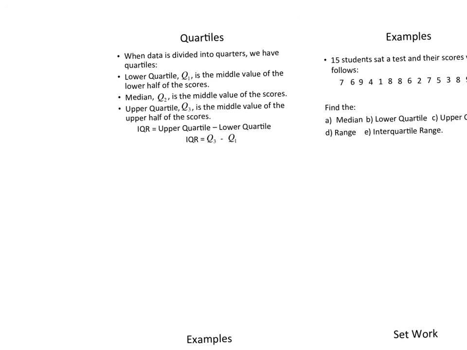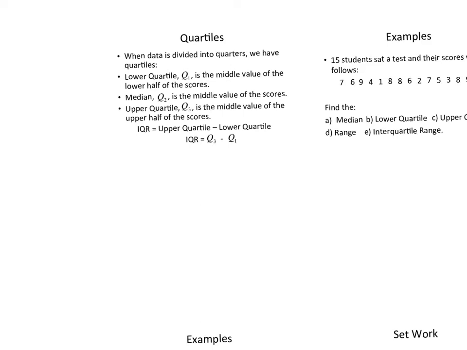Okay, so first let's look at quartiles to understand what the interquartile range is. When data is divided into quarters, we get quartiles. So the lower quartile, or quartile 1, is the middle value of the lower half of the scores. The median, which is also known as Q2, is the middle value of all the scores.